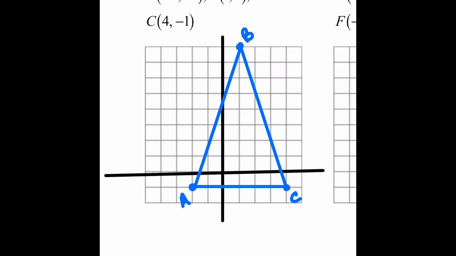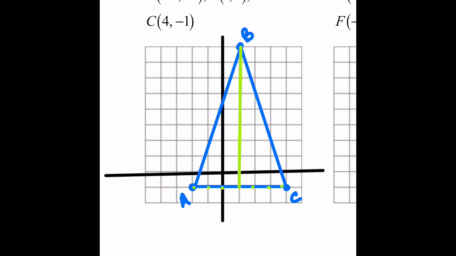First I'm going to find the median of AC. AC is 1, 2, 3, 4, 5, 6 units long. Half of 6 is 3, and I want to connect that to the opposite vertex. Okay, so that's my first median already drawn.